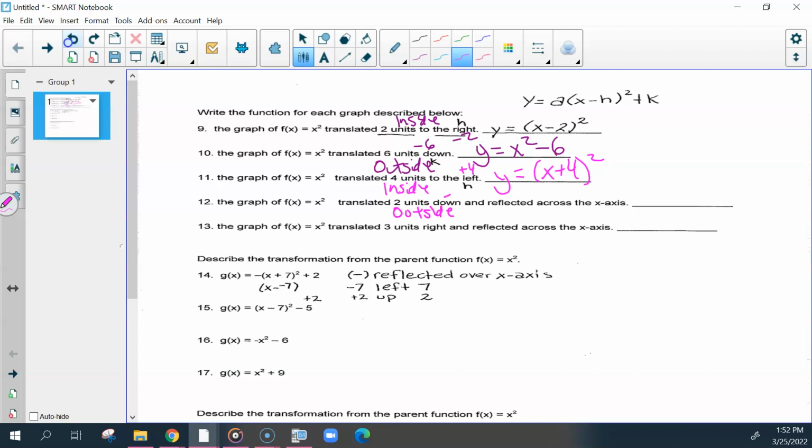And that would be a minus 2. Reflected across the x-axis is also outside. And that reflection means you're going to have a negative. So when you write this, you would have y equals negative x squared minus 2. Questions on that one?